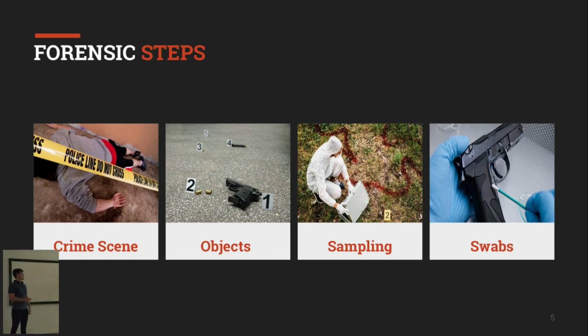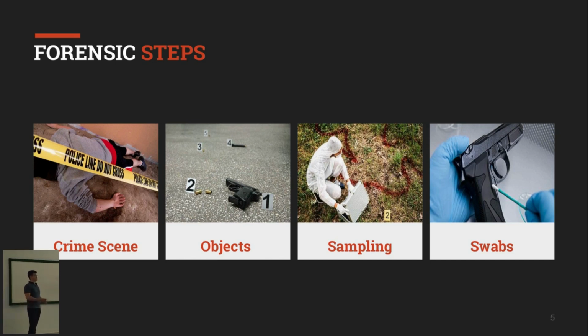Next, the objects inside this crime scene are detected, for example firearms, clothes, the body found in the crime scene. And next, the forensic experts find samples in these objects, find the evidence to solve the crimes.